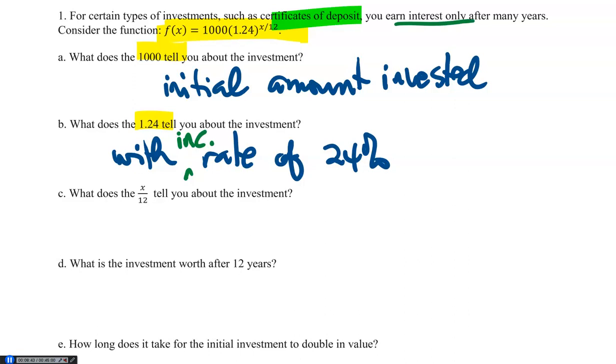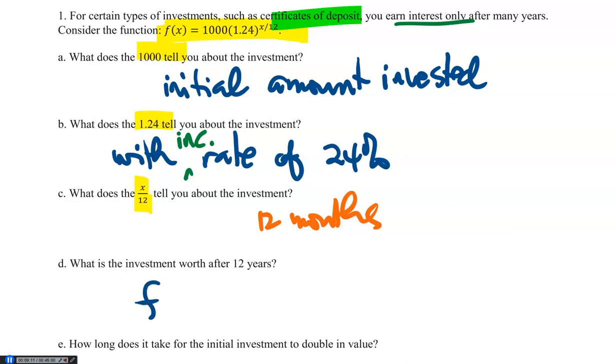And what does x over 12 tell you about the investment? That is, x is the number of years divided by 12, so meaning that is every month. So it has 12 months. And what is the investment worth after 12 years?